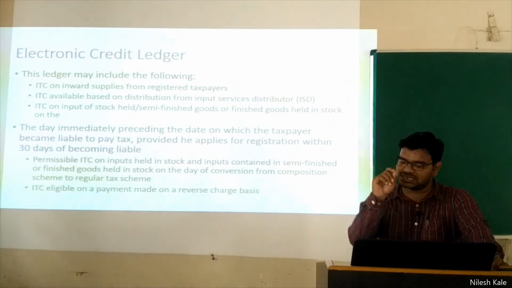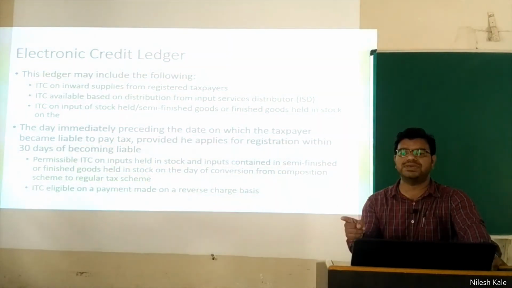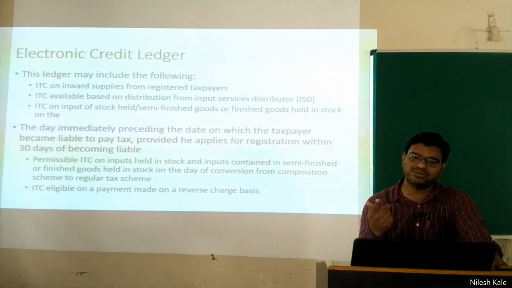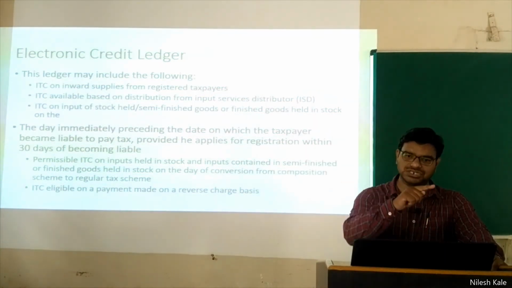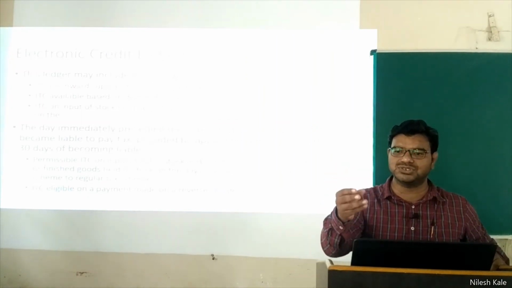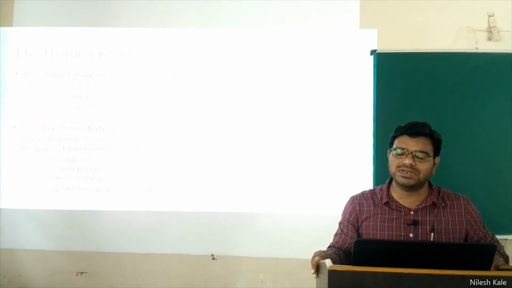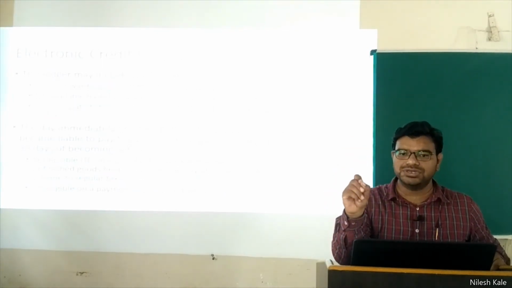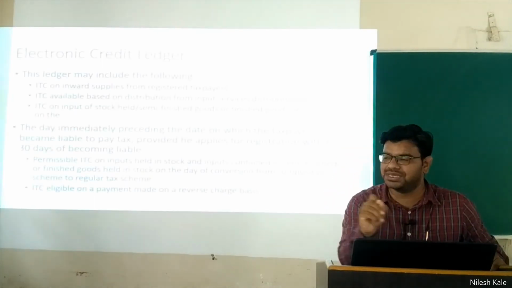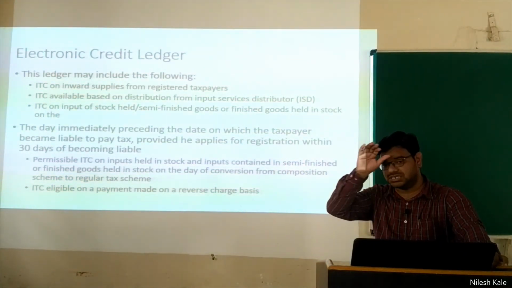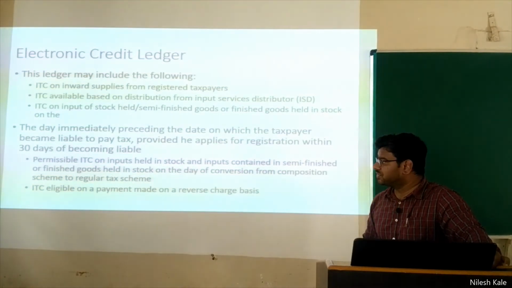You have to utilize this first and then pay taxes out of your pocket, where you are paying through electronic cash ledger. It is simple, like if you have ordered anything from Amazon or Flipkart or any other e-commerce website, if you have paid through electronic mode, the same way you have to pay in the GST also. Where it is possible in the electronic cash ledger, right?